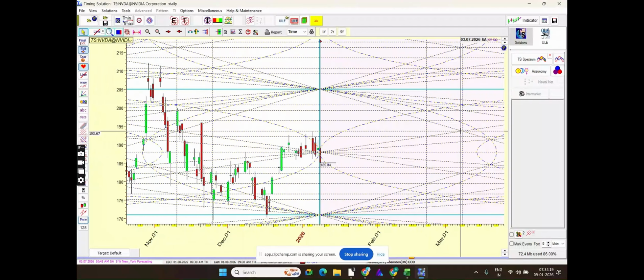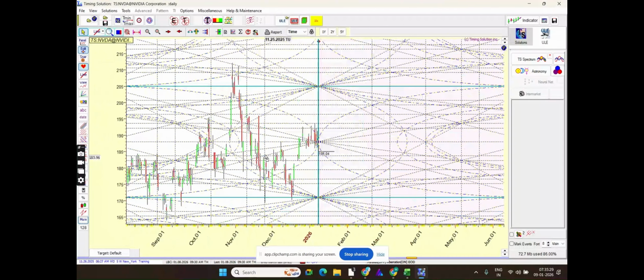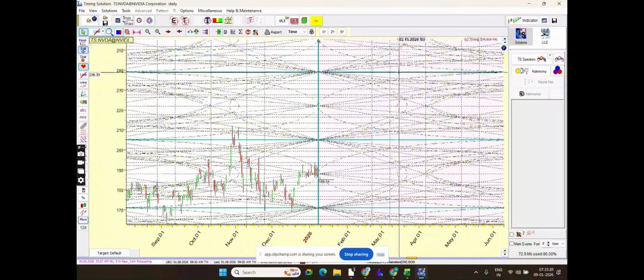So this is about the price cycles. Let's revise the price cycles again. One of the square targets is coming in at 238.79.